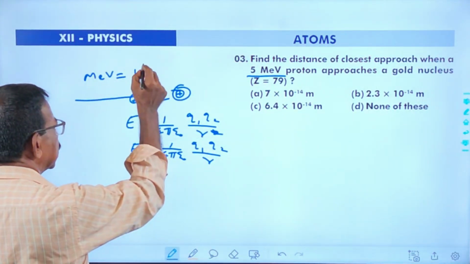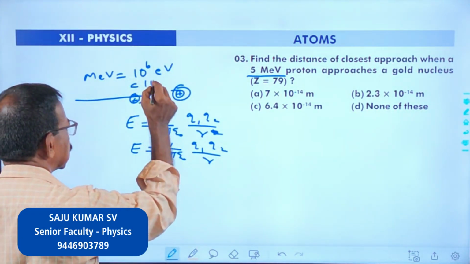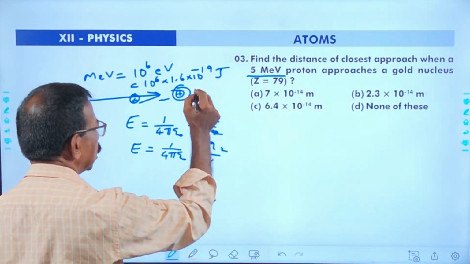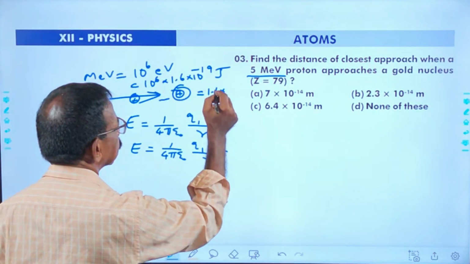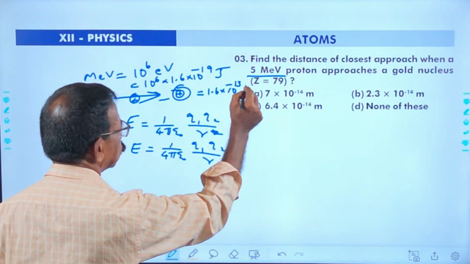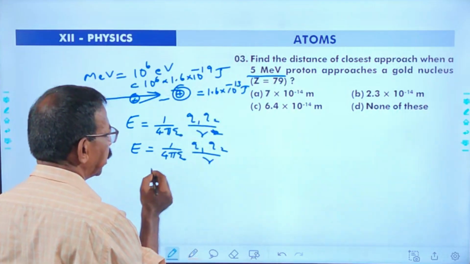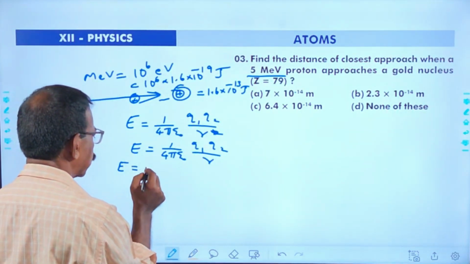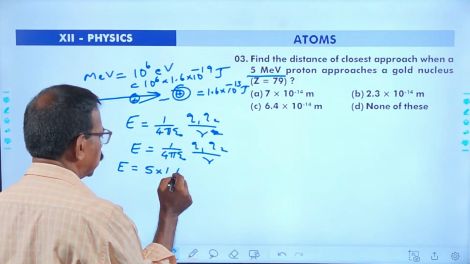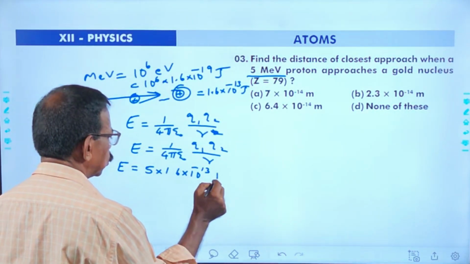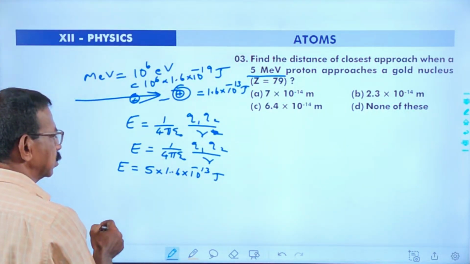That means 10 raised to 6 eV, which is 10 raised to 6 into 1.6 into 10 raised to minus 19 joule, or 1.6 into 10 power minus 13 joule. Here the energy is 5 MeV. That means E equals 5 into 1.6 into 10 raised to minus 13 joule. This much is the energy.